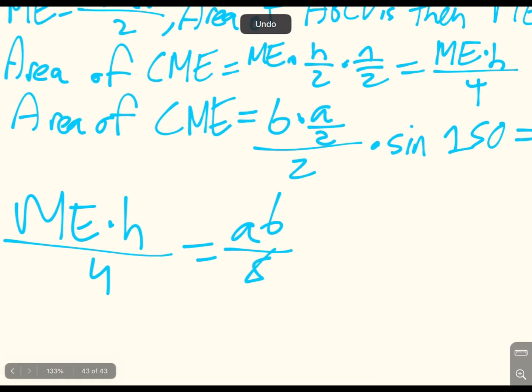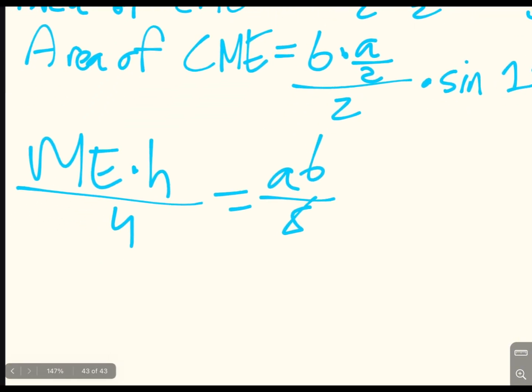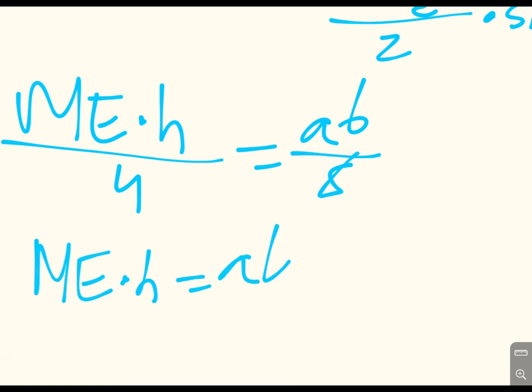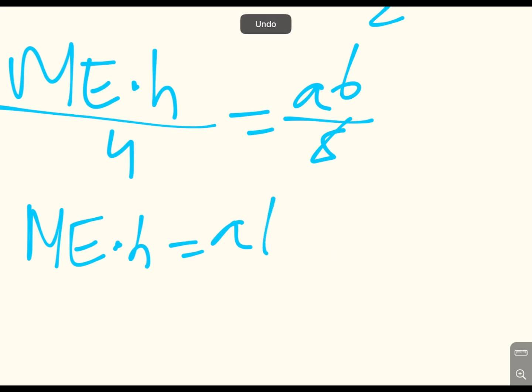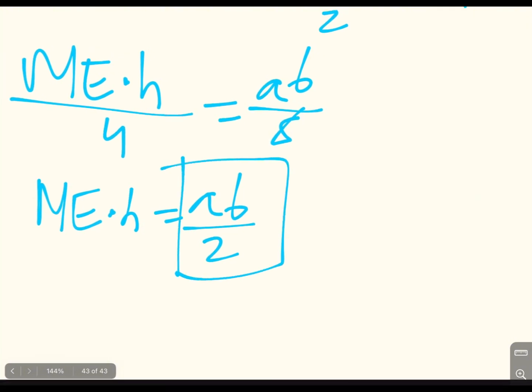All we have to do to isolate for this area is to multiply both sides by 4. That simplifies to ME times H being equal to AB over 8 times 4, which you can cross, and then you'll be left with AB over 2. And that is basically the answer.